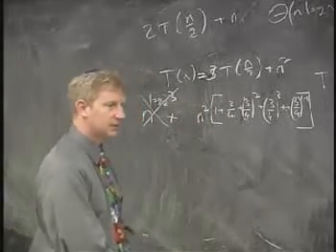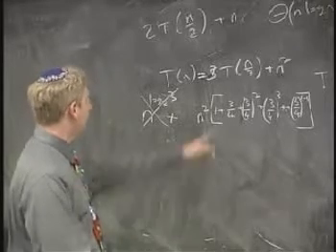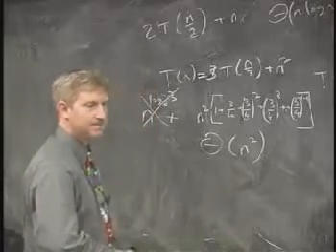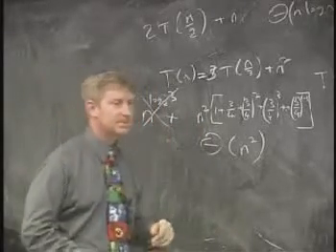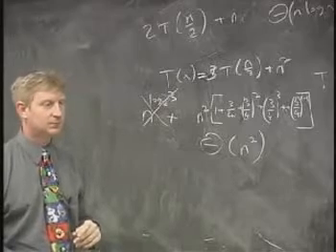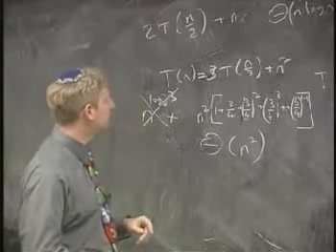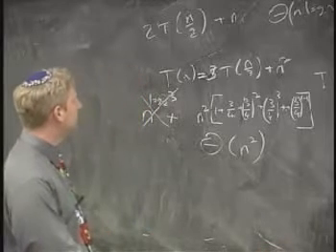Yes? What was your final answer on the current problem? So this is big theta n squared. Because that's dominating that. You don't like that? I don't like it. It's 4 times, take the sum of the square brackets.